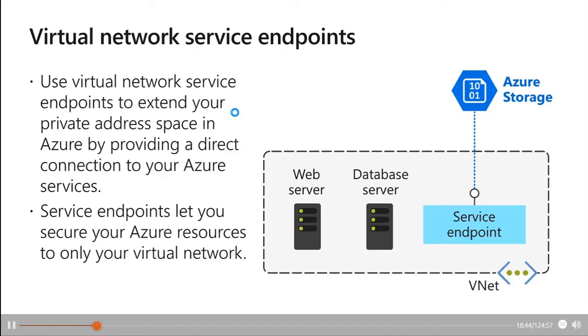What service endpoints do is let you connect certain platform as a service services, like storage, SQL, Cosmos, Key Vault, Service Bus, Data Lake. There are just some, there are more. But I can do this directly from my private network subnet.